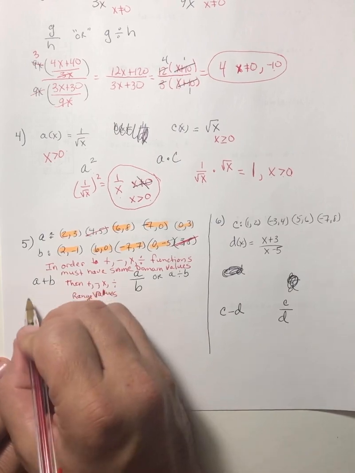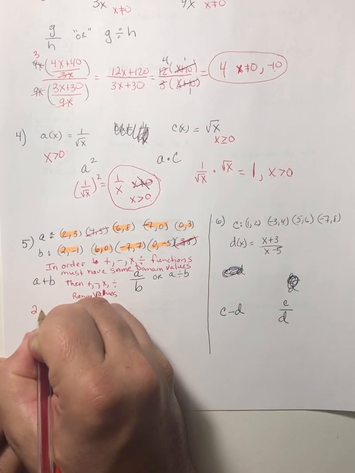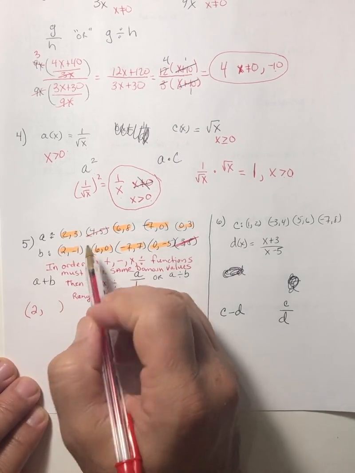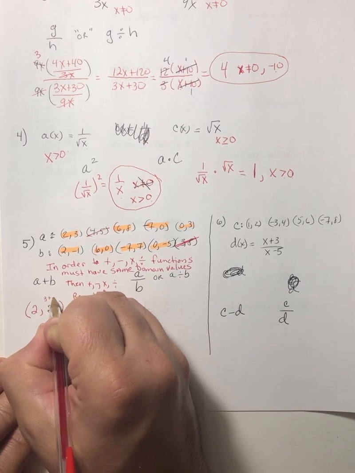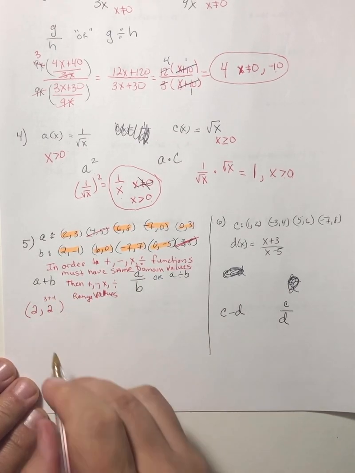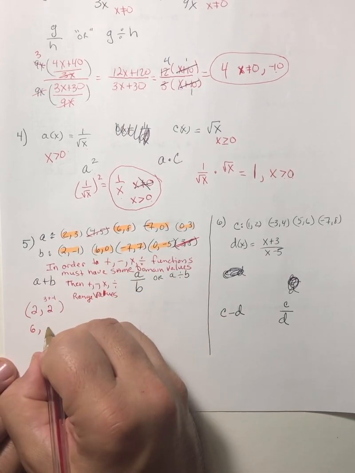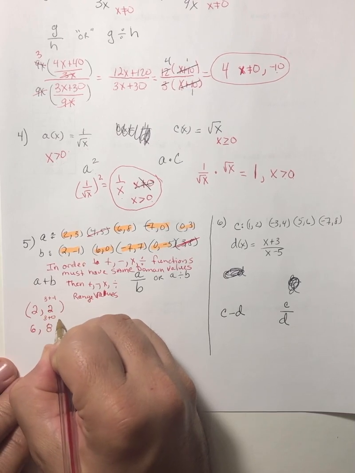So when I do A plus B, I'm going to do 2, comma, and then I'm literally going to add 3 plus a negative 1. So that's 2. Now I'm going to look at my 6, and it's 8, because I did 8 plus 0.